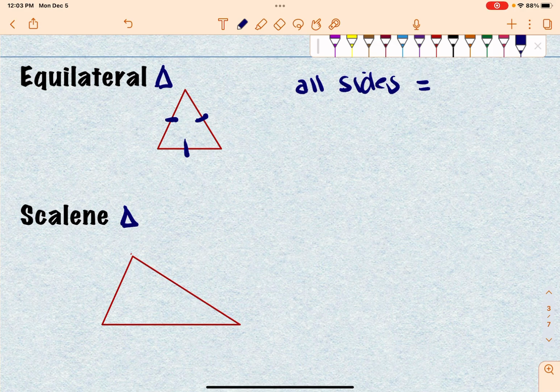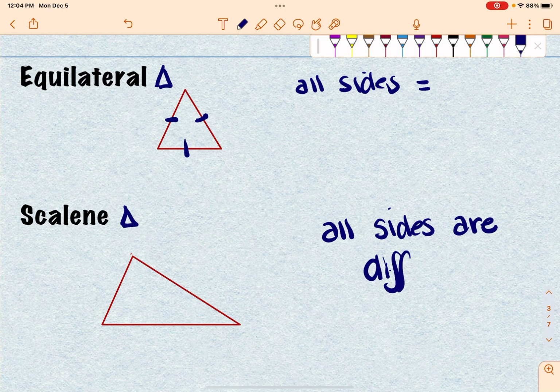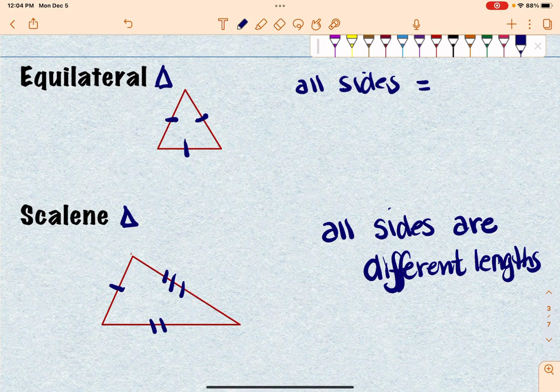Okay, a scalene triangle. All the sides are different lengths. So if they all have to be different, they would all have different tick marks. So that means this would be one length, this would be another, and this would be a third.